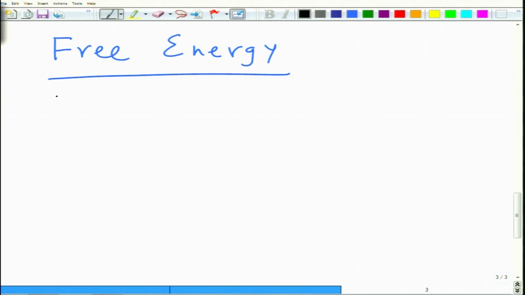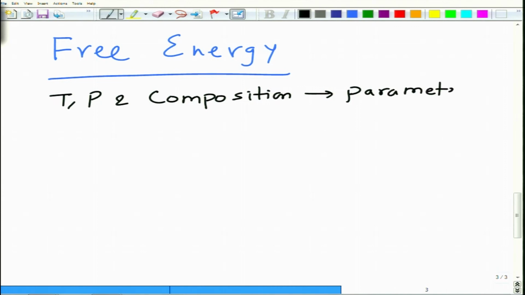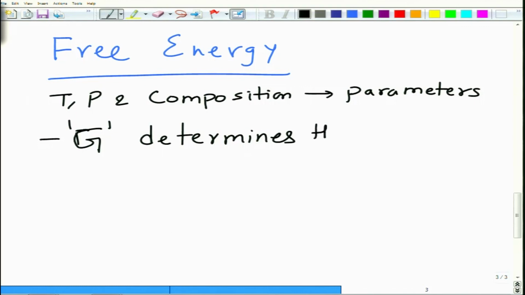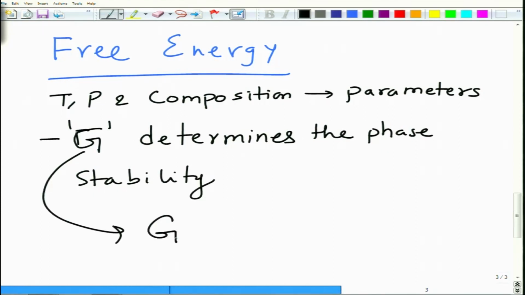So, free energy: at a given temperature and pressure as well as composition, the free energy G determines the phase stability for an alloy, okay, and G is called the Gibbs free energy.